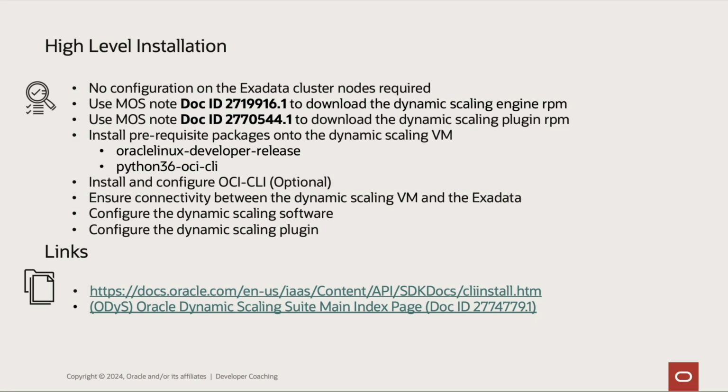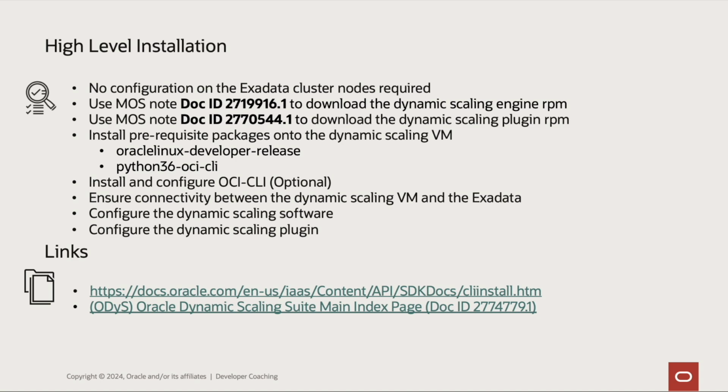Our VM that we're going to use to run the dynamic scaling is going to be running Linux, and we need to ensure that Oracle Linux Developer Release is present and that also the Python 3.6 OCI CLI is in place. It's possible to run the dynamic scaling engine using the OCI CLI command line for authentication. This is optional, so I've marked it as an optional step.